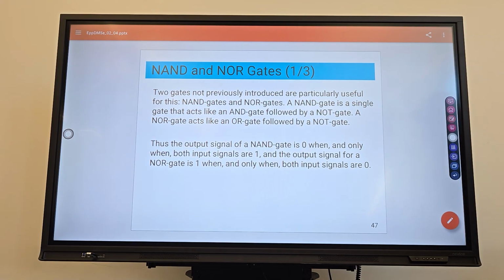So the NAND gate output is 0 when and only when both input signals are 1, and the output for the NOR gate is 1 when and only when both input signals are 0.